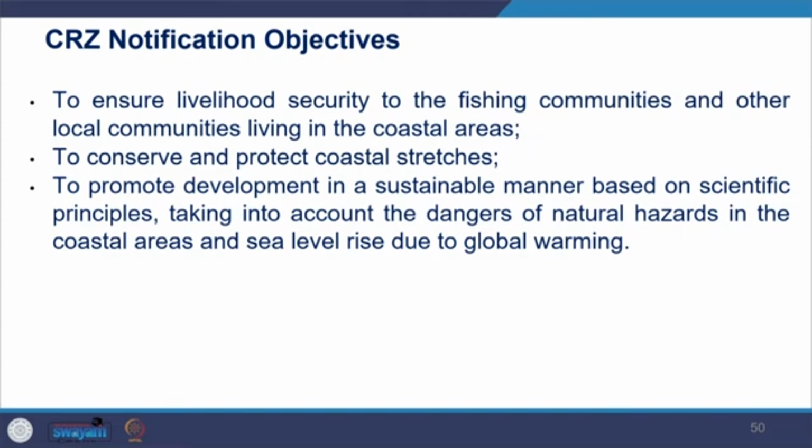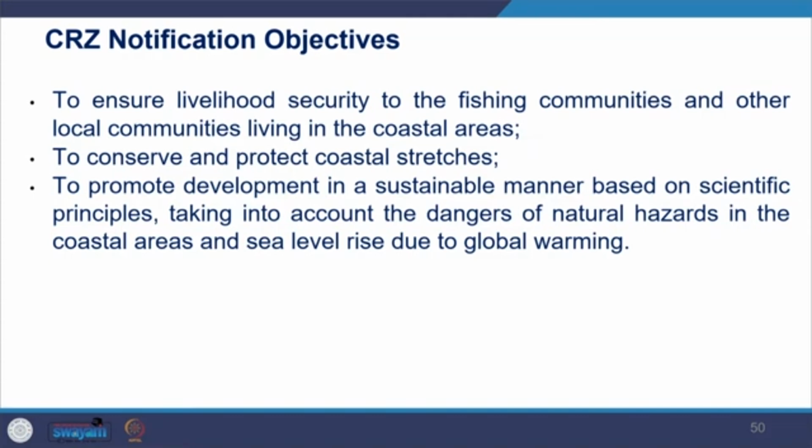The other, it looks into conserving and protecting coastal stretches, like how the protection could be done, and then promoting development in a sustainable manner. So whatever development happens, it happens in a sustainable manner based on scientific principles, taking into account the dangers of natural hazards in coastal areas and sea level rise due to global warming. We talked about all these things. So CRZ notification ensures that that's translated on the ground, and as a rule it's implemented.